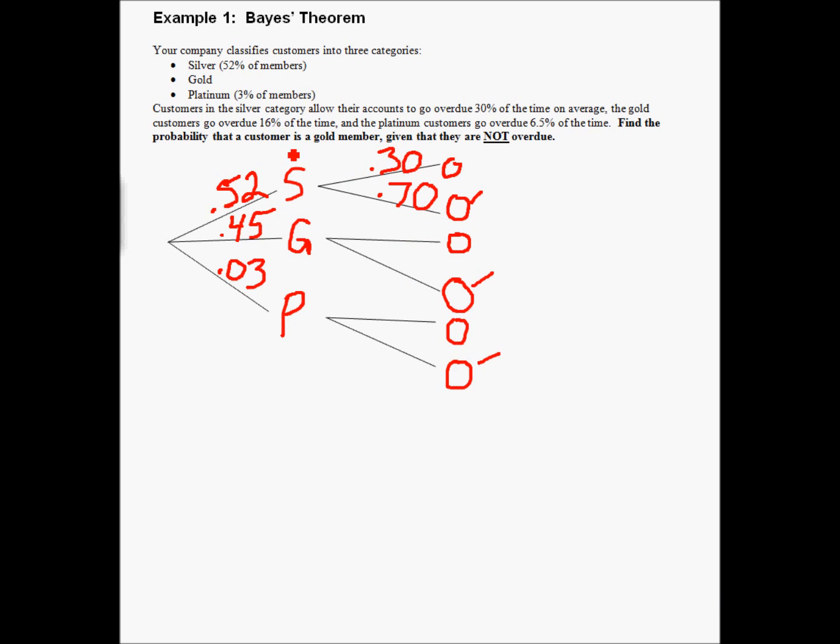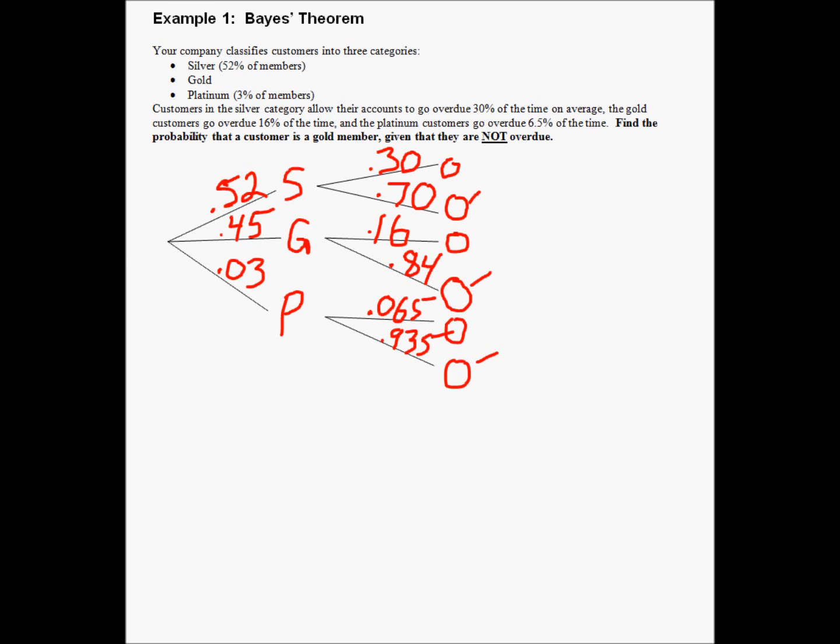Gold members, looks like 16% are overdue, which would imply that the complement of that would be 84% not overdue. And finally for our platinum, we've got 0.065, because remember we have to move the decimal 2 places, so that would make the not overdue 0.935. So there is our tree diagram for this particular problem.